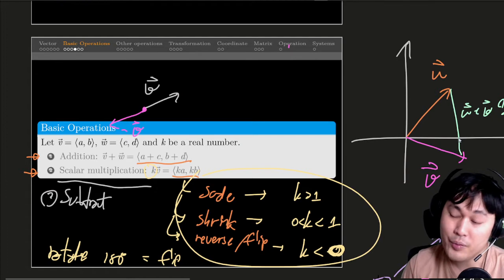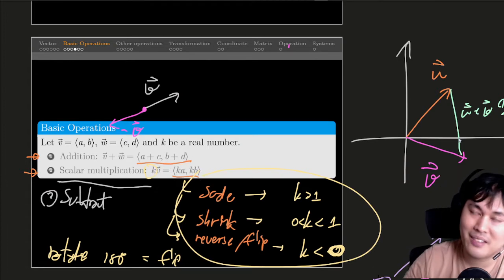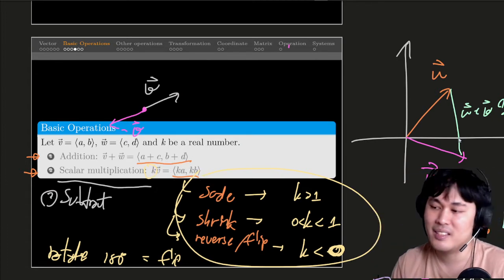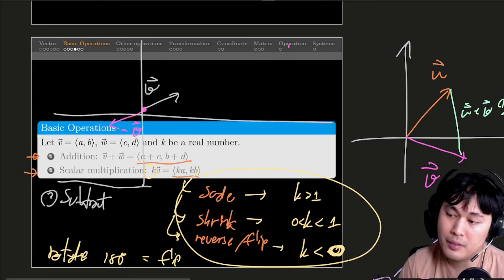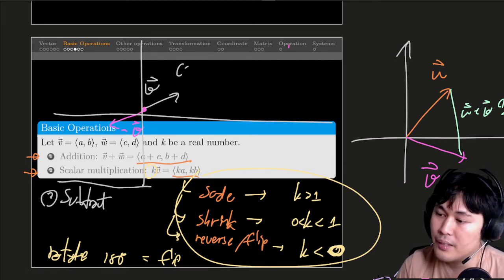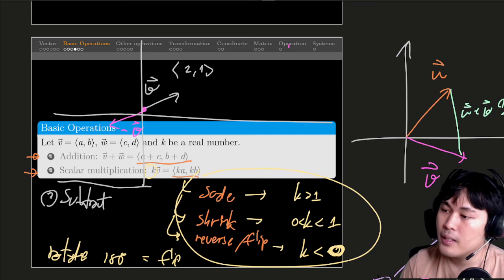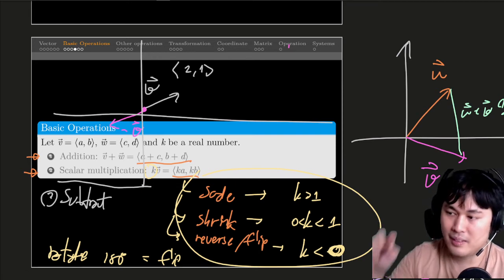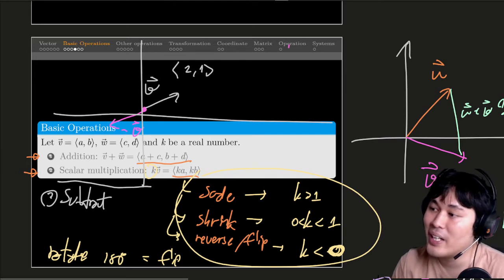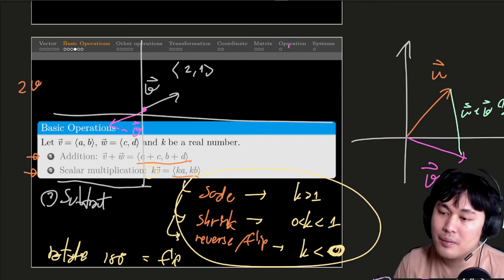But the way you compute it, you simply distribute the number inside the vector. For instance, if you have the vector v up here, let's say that's 2, 1, so 2 steps to the right and 1 step up. If you want to scale it up by 2, let me prove a little bit why it works this way.